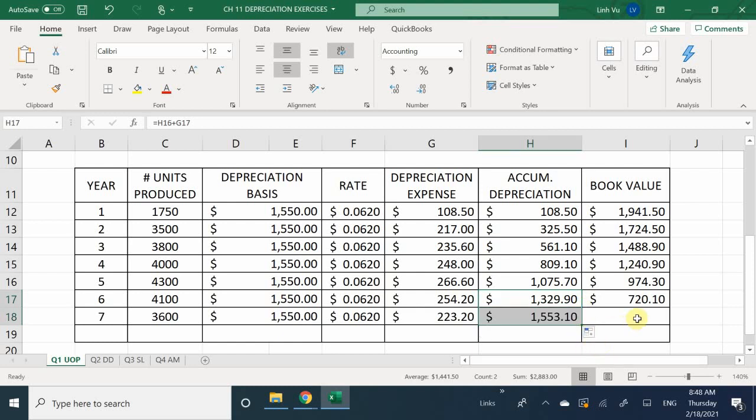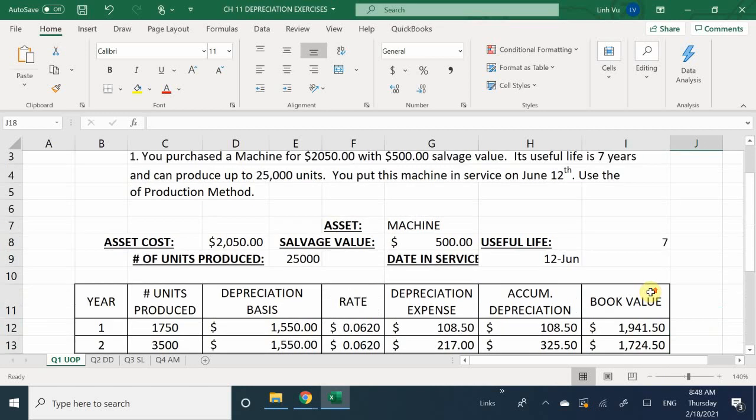And lastly, what is my book value going to be? 496.90.